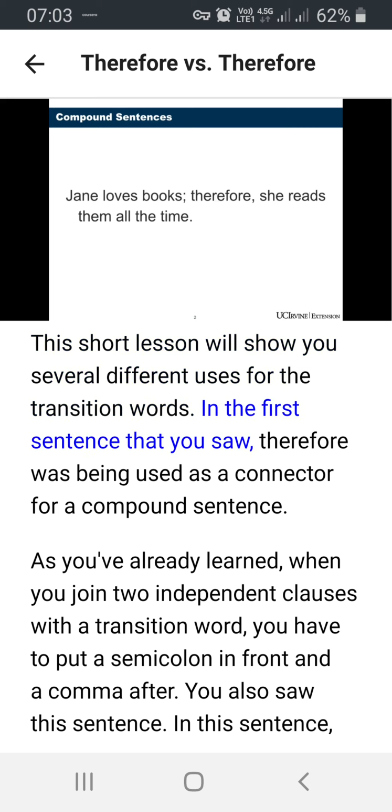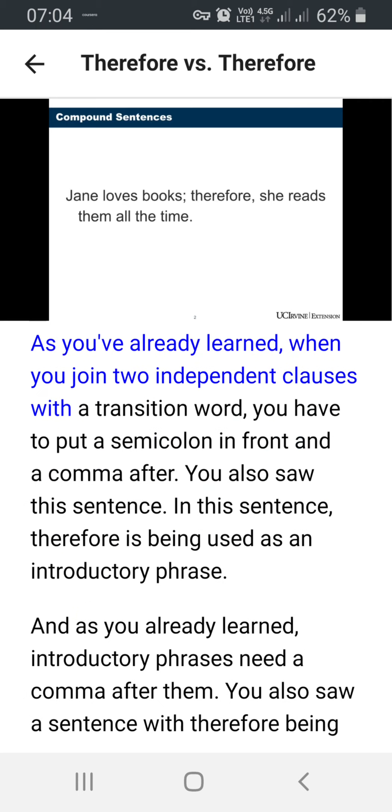In the first sentence that you saw, therefore was being used as a connector for a compound sentence. As you've already learned, when you join two independent clauses with a transition word, you have to put a semicolon in front and a comma after.